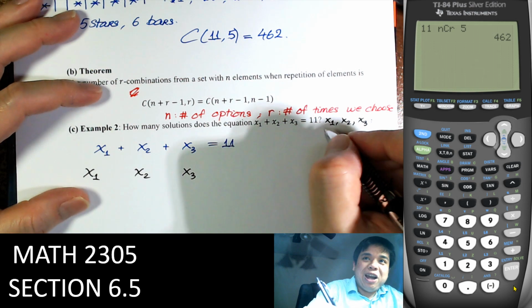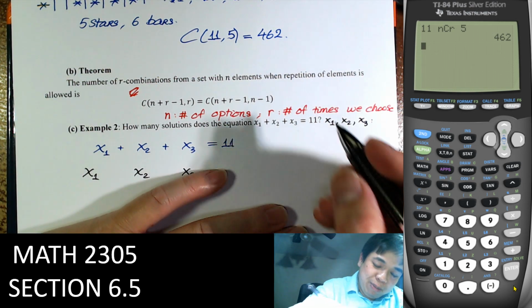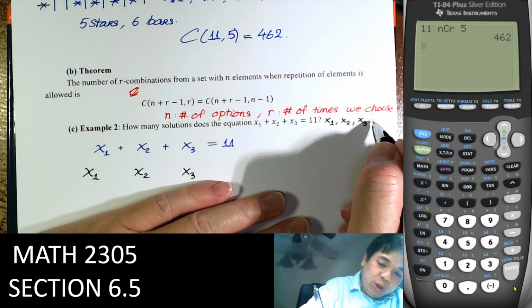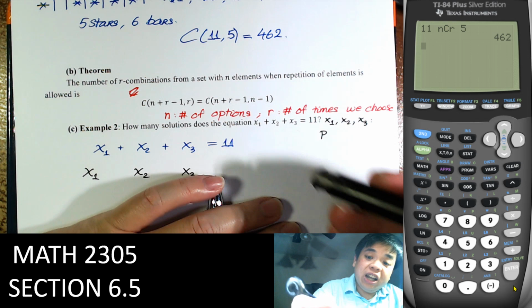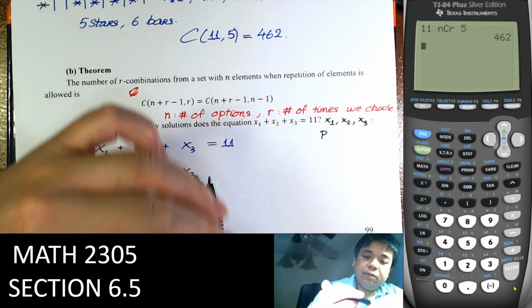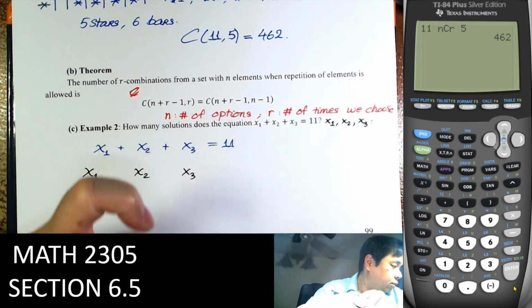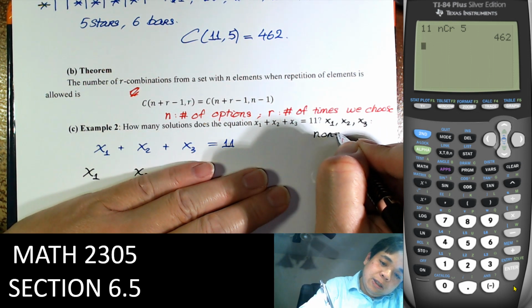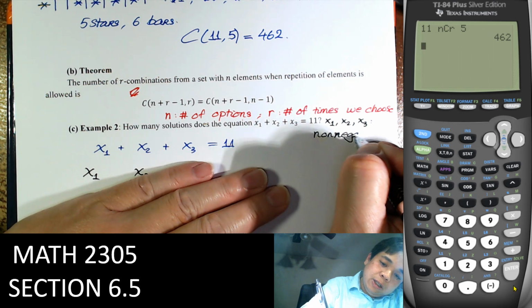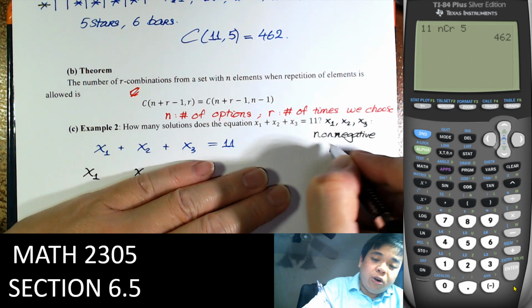Of course, if you have like 1.5, 2.3, then there will be infinitely many solutions for sure. But we want these to be non-negative integers. So it could be 0, 1, 2, 3, 4, all the way up to 11.